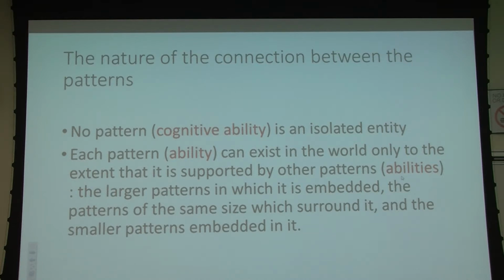I very much agree with that, and I'm hoping that you guys got that sense of this, that you can't pull one out, that they're all connected and each affects the other. The larger patterns, so each ability is connected to the larger pattern of which it's part, okay, and then it's connected to smaller patterns, okay.